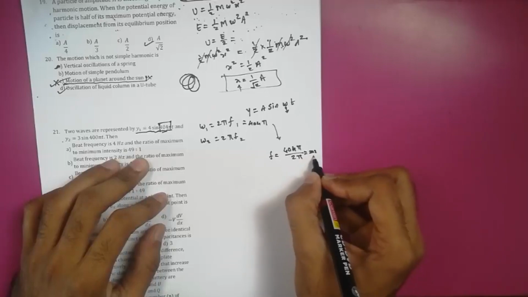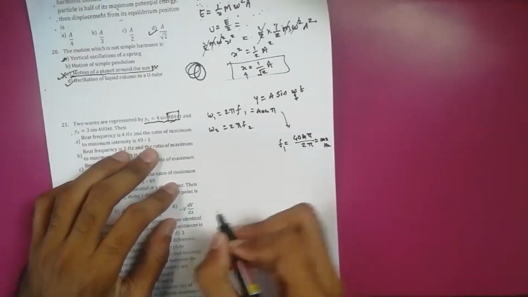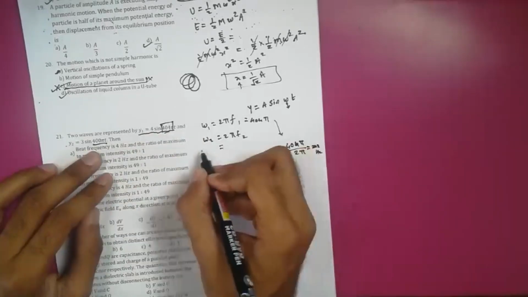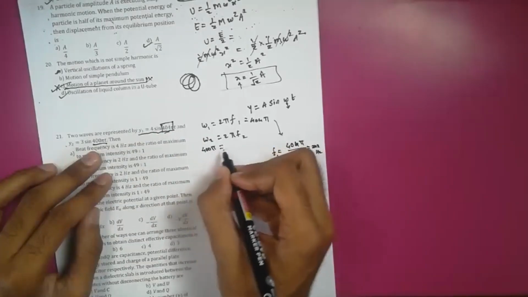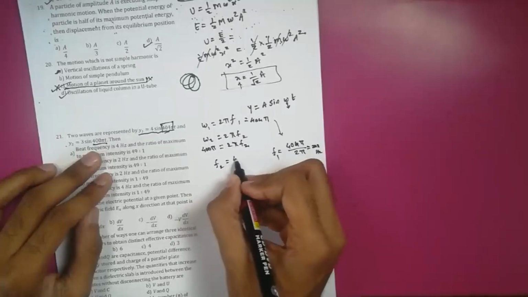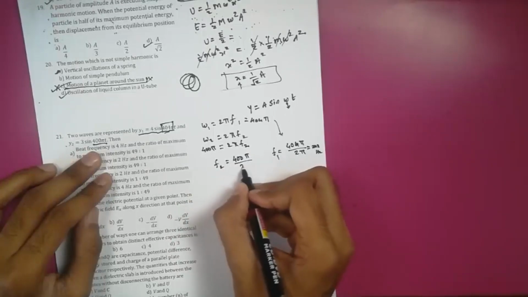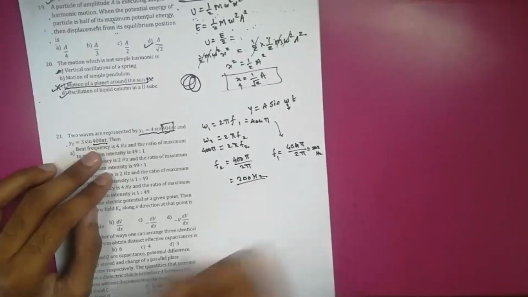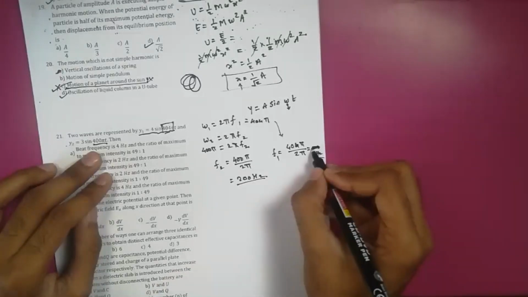So we found the frequency of both of them. Now the easiest way to find the beat frequency is just to subtract them. That means f1 minus f2, which is 202 minus 200, 2 hertz.